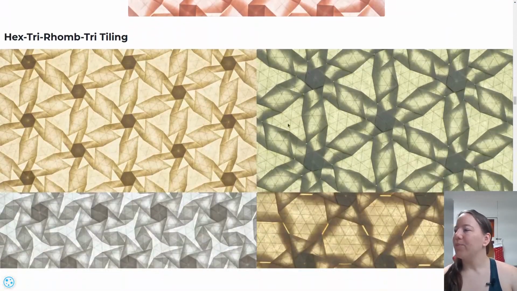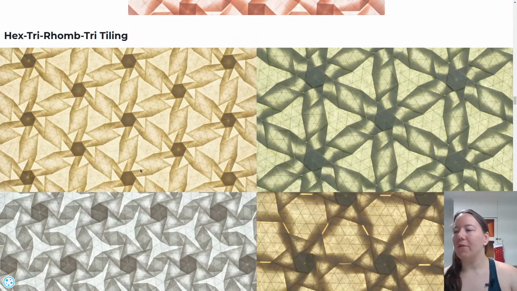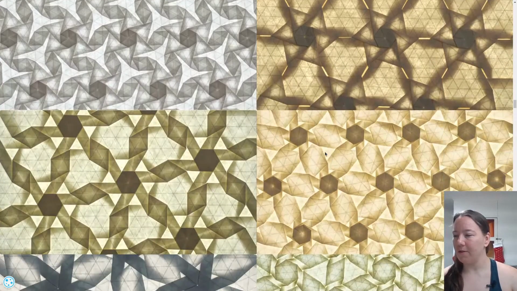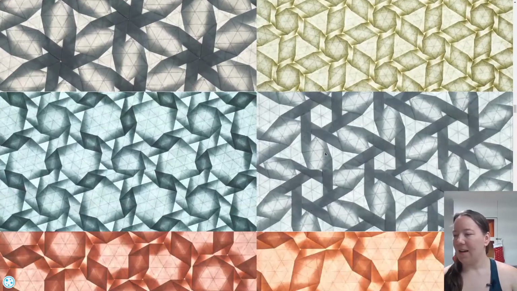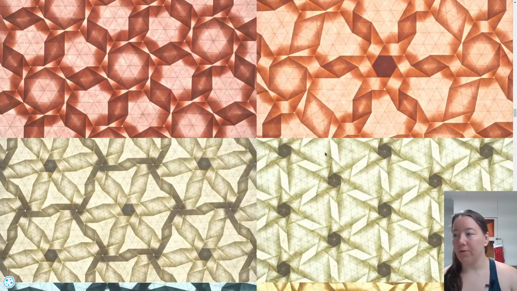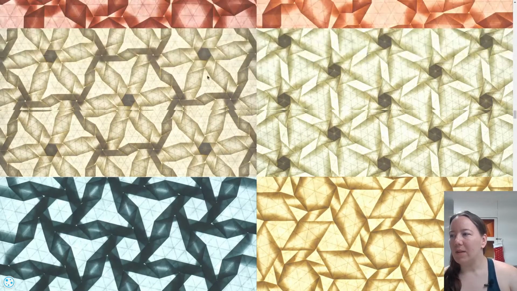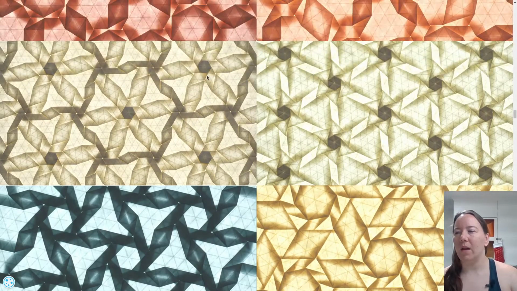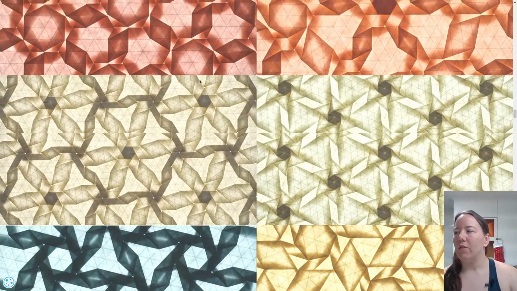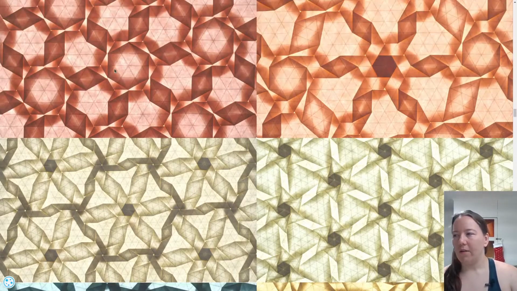And so hexagons, triangles, rhombus, triangles, this is another tiling that's included in Tessellations by Tiles that has an incredible amount of variety. And this one in particular has a ton of variety because you can choose your hexagon, your triangle, your rhombus independently.